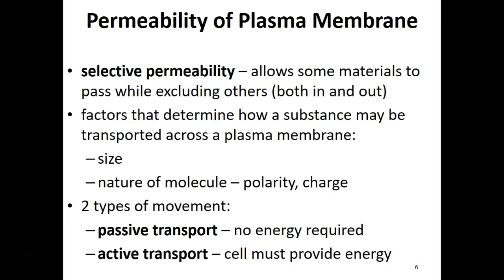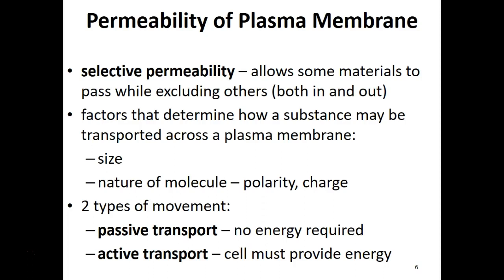So the plasma membrane, in a nutshell, is a selectively permeable membrane. I think of it as a bouncer, and it basically allows certain molecules in and keeps other molecules from getting in. The ability to move directly across the membrane will be dependent on the size of the molecule and if the molecule is charged or polar or not.